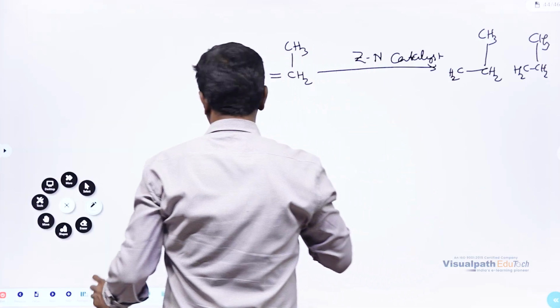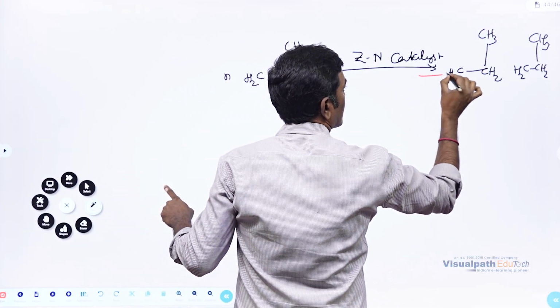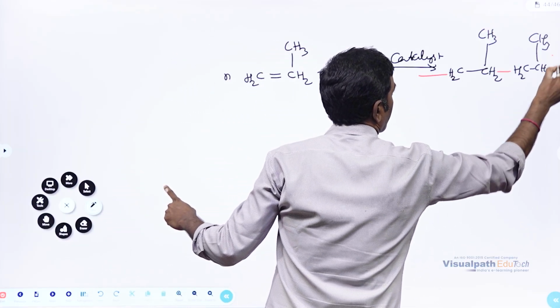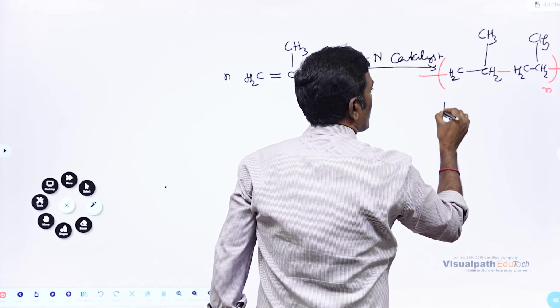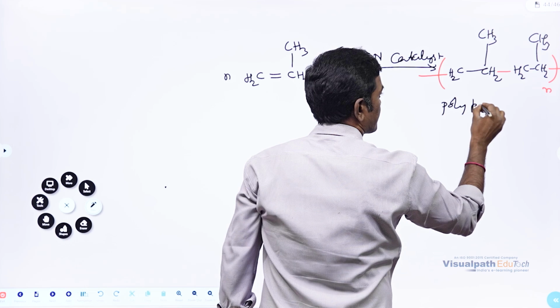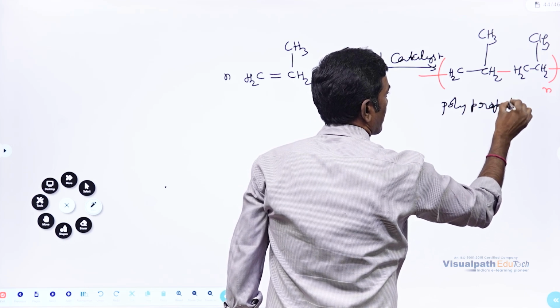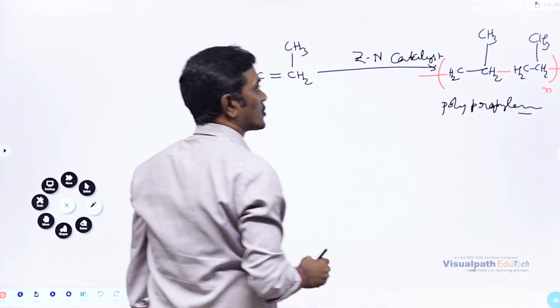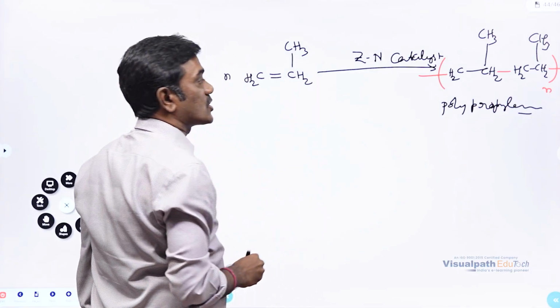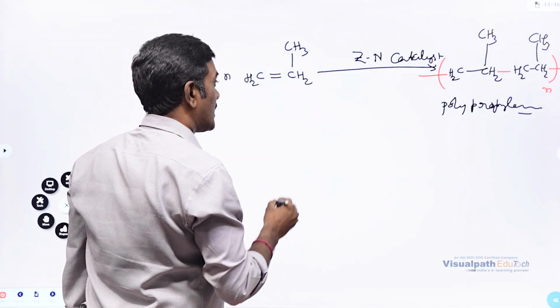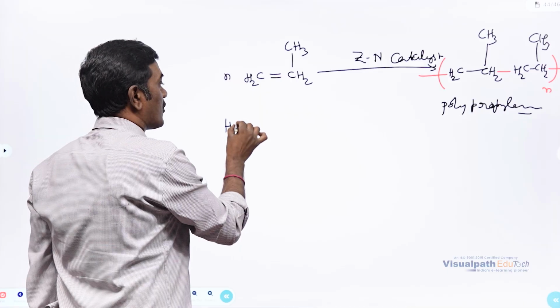So what is going to happen here? This type of form is going to form, and this is called polypropylene. So polypropylene will form actually. In the case of Ziegler catalyst, a high density polymer will be formed.